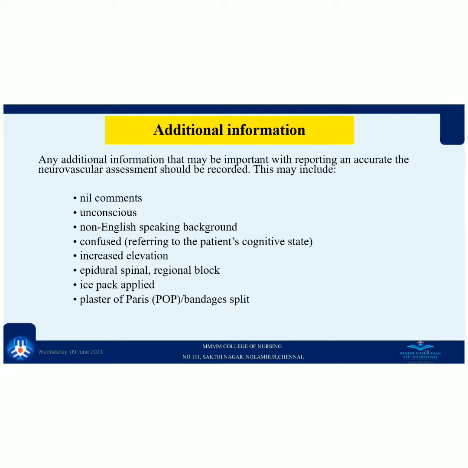So we need to think of these parameters when we interpret the above mentioned 7 components of the neurovascular assessment. If any of these factors are present, then the assessment findings have to be interpreted accordingly.